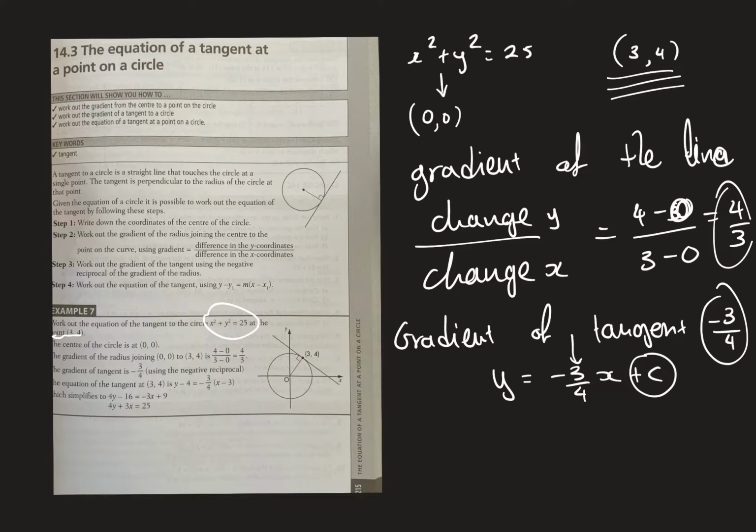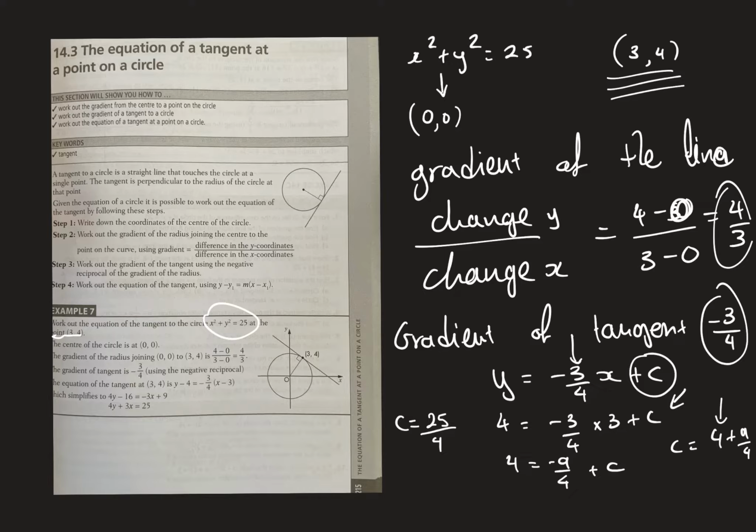Now, what do we know about this line? Well, we know that this line goes through the point 3, 4. So we're going to substitute that point. 4 equals minus 3/4 times 3 plus c. Again, c is what we're trying to find. We're trying to find the intercept. 4 equals minus 9/4 plus c. So c equals 4 plus 9/4.